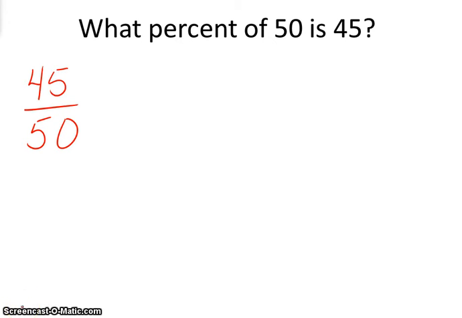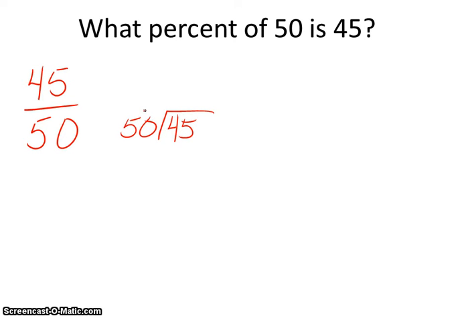In this problem, I'm going to work backwards since I do not have the percent. To find my percent, I would turn this ratio into a decimal, and I would do that by dividing 45 by 50.